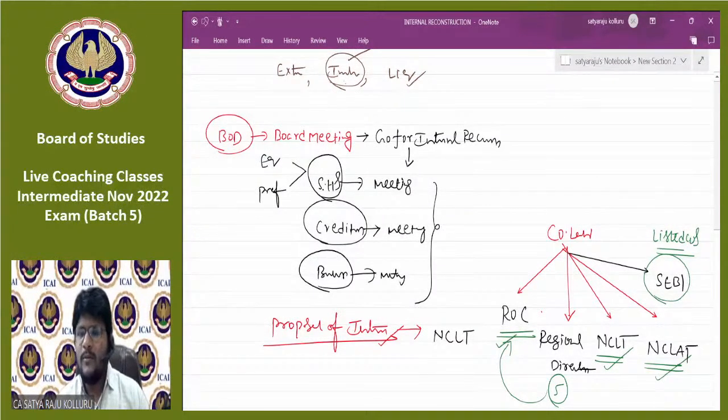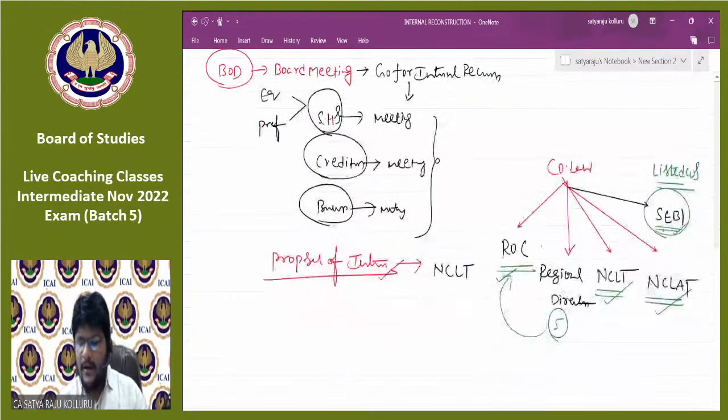That's why the provisions are much more stringent in the case of listed entities. So along with the provisions of the company law, such an entity should also follow the SEBI provisions. So that's why another regulator apart from the company law is SEBI.